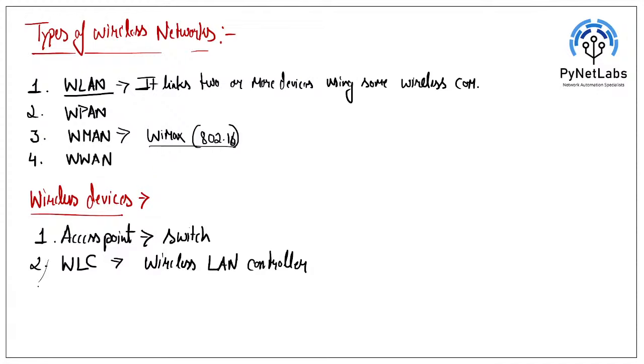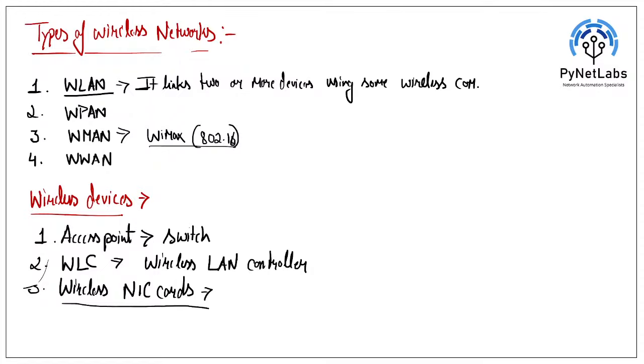Then the third we have is your wireless NIC cards. So wireless NIC cards are basically used in today's laptops, because in today's laptops you will see that we are not getting RJ45 ports, because we don't need to get the wired connection inside the devices. So that is one of the reasons we are not getting the wired NIC card in the laptops, but we are still getting the wireless NIC cards here.